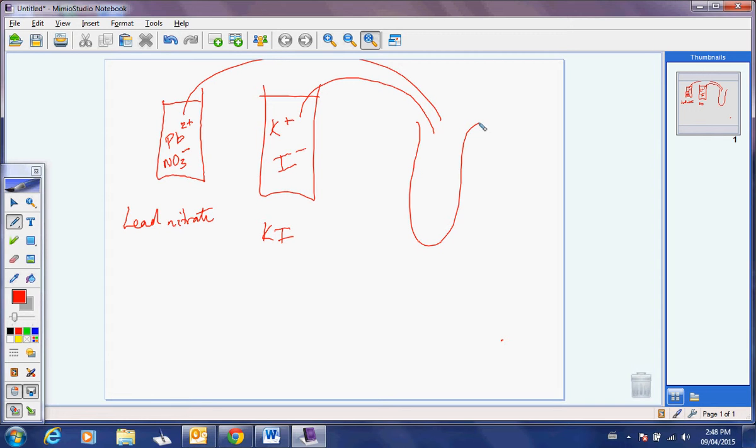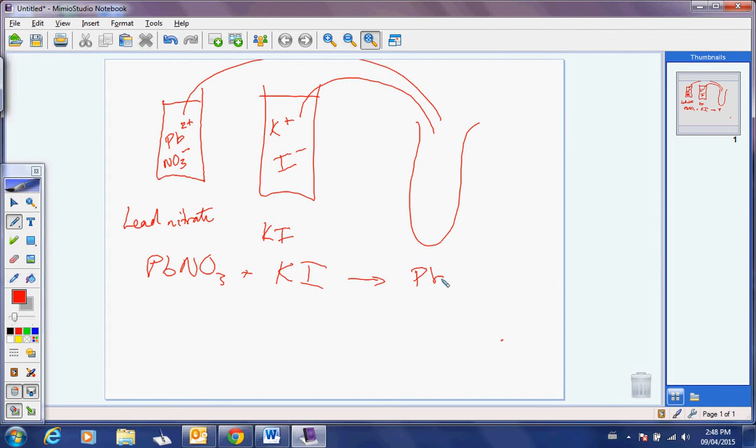Do you know what it's called when you get a solid formed from two solutions? A precipitate. Okay? So the reaction in Science 10, you would have written lead nitrate, PbNO3, and potassium iodide went together and formed a precipitate, which you probably would have looked up on your data booklet.